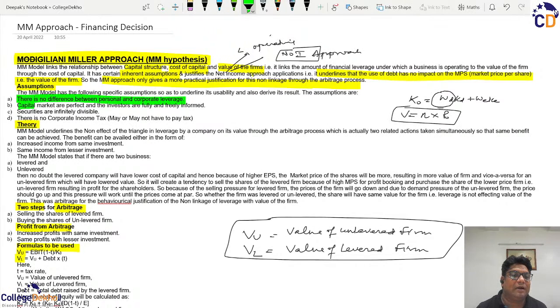Secondly, the capital markets are perfect. What it denotes is that capital markets, which show the price of the share in the secondary market, are affected by so many factors, and even certain hearsay or unaccounted news also affects the value of the firm, which should not be the case ideally.